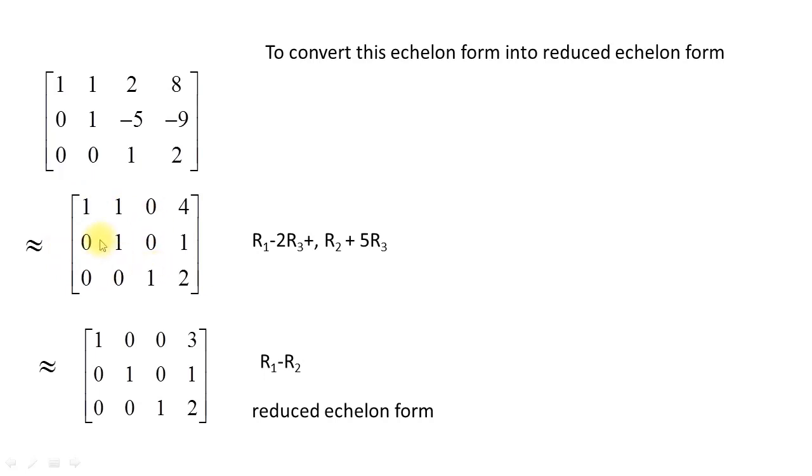So, this is the reduced echelon form of the augmented matrix, and we obtain it from this matrix by subtracting R2 from R1. We obtain at this entry 0: 1 0 0 3, 0 1 0 1, 0 0 1 2. This is the reduced echelon form.